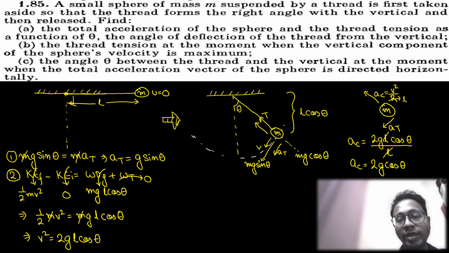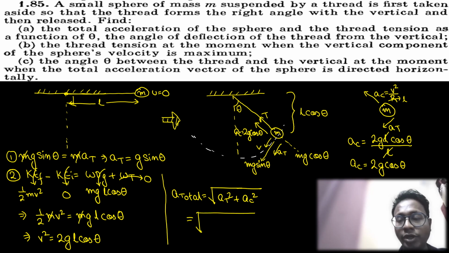Now to find the total acceleration: total acceleration is equal to the square root of tangential component square plus centripetal component square, which is the square root of (g sin theta) square plus (2g cos theta) square.